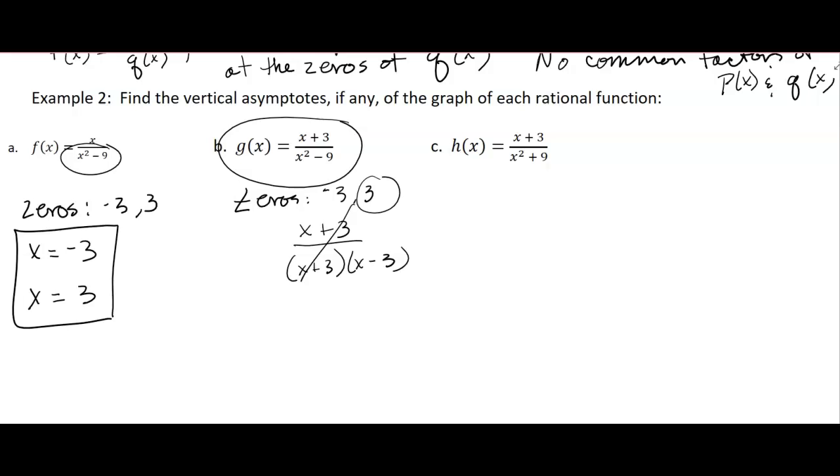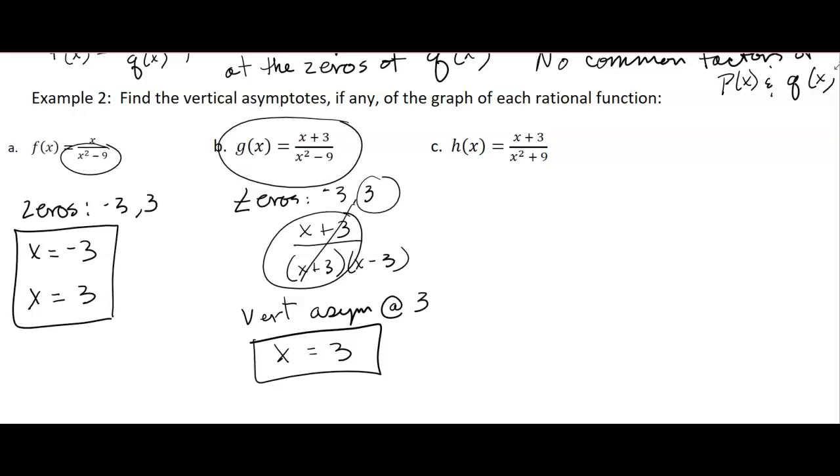You'll only have a vertical asymptote at 3. I've got to have a way to abbreviate this. Vertical asymptote at 3, or x equals 3. That'll be your vertical asymptote. You won't have one at negative 3. What happens is you get a hole in your graph at negative 3. We'll talk about that later when we start graphing them.